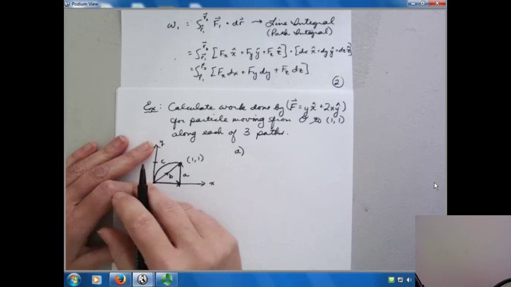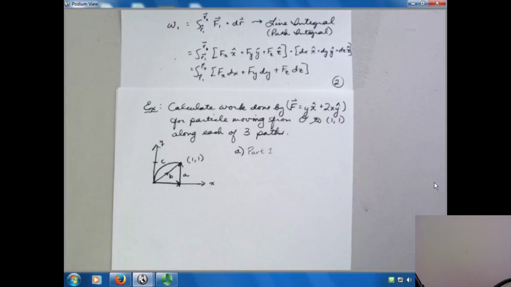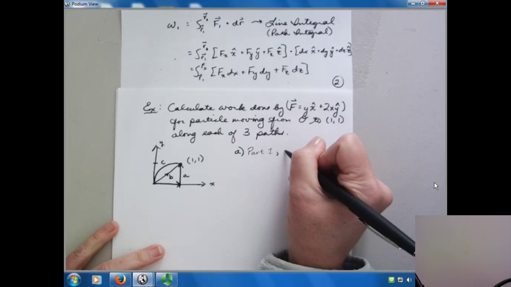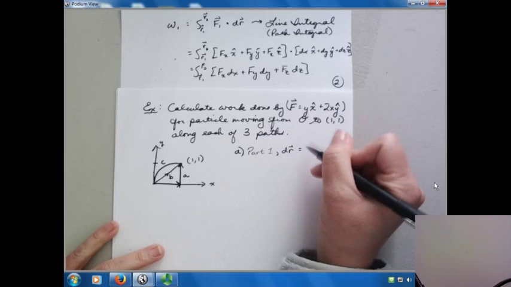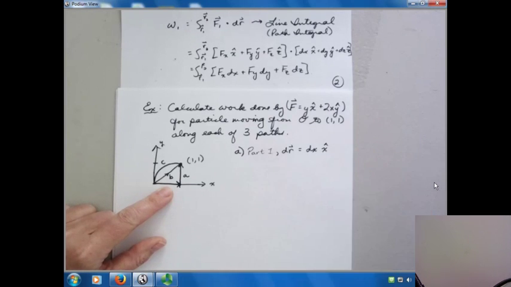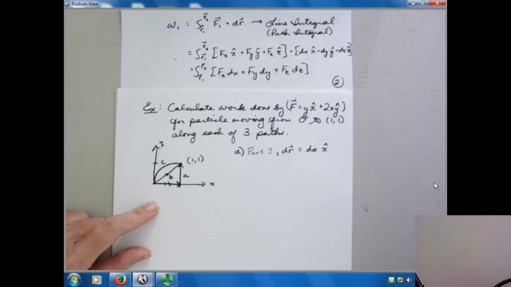So what I'm going to note is that in part one, I have dr, which is equal to dx in the x hat direction, because I'm going to have a little increment of path like that.